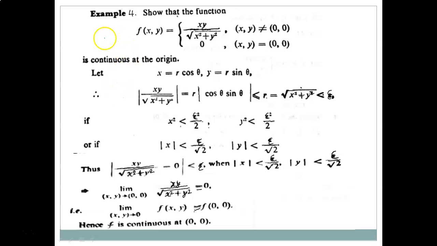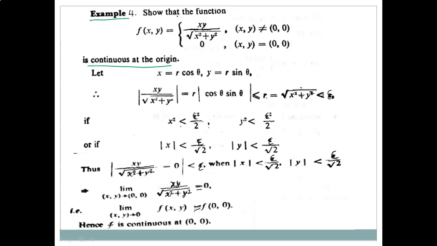Example 4. Show that the function f(x,y) equals xy divided by the square root of x² + y², when (x,y) is not equal to (0,0), and this is equal to 0 when (x,y) equals (0,0), is continuous at the origin. This function is continuous at the origin.